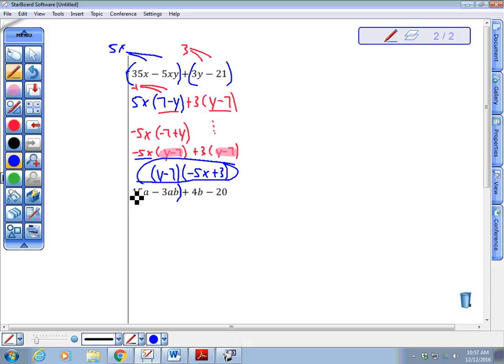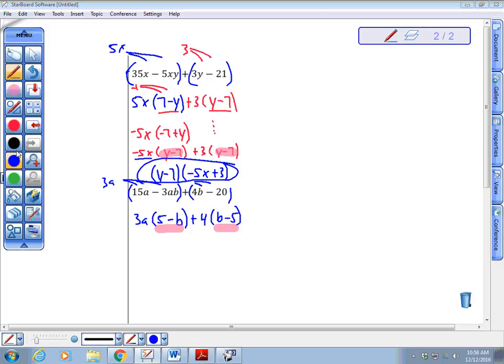Last one here, let us GCF and group together. We're going to GCF out a 3a, it looks like. And I'm going to be left with a 5 minus b. I'm also going to take out a 4, and we'd be left with a b minus 5. Now, if that's the case, again, you do not have the same thing in both parentheses.